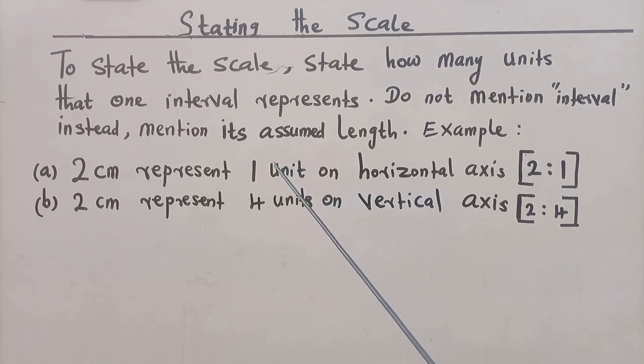Recall that we found that 1 is the scale for the x-axis, while 4 is the scale for the y-axis. Therefore, we then state that A, 2 cm represent 1 unit on horizontal axis.